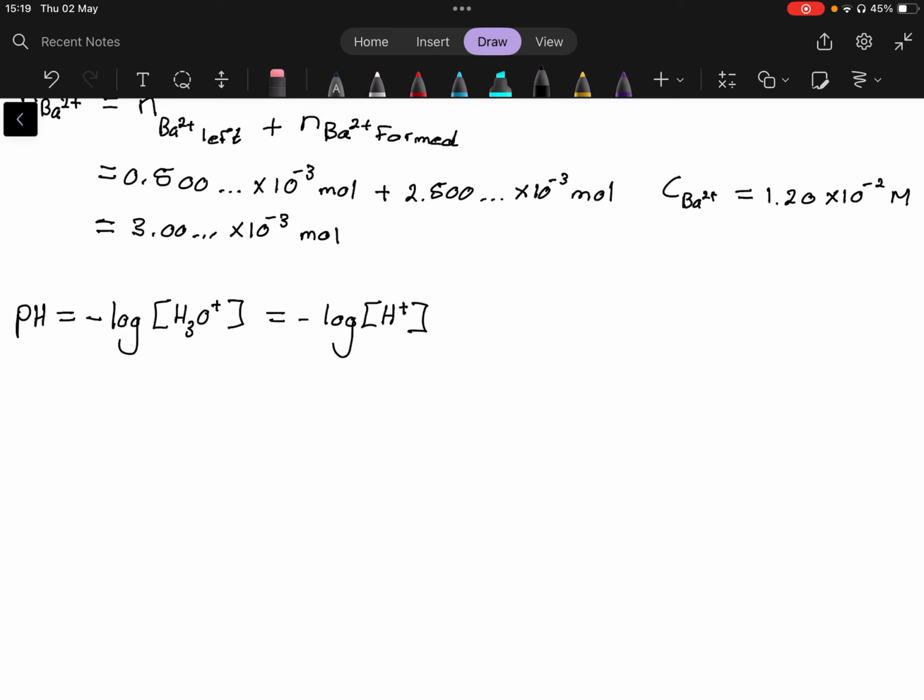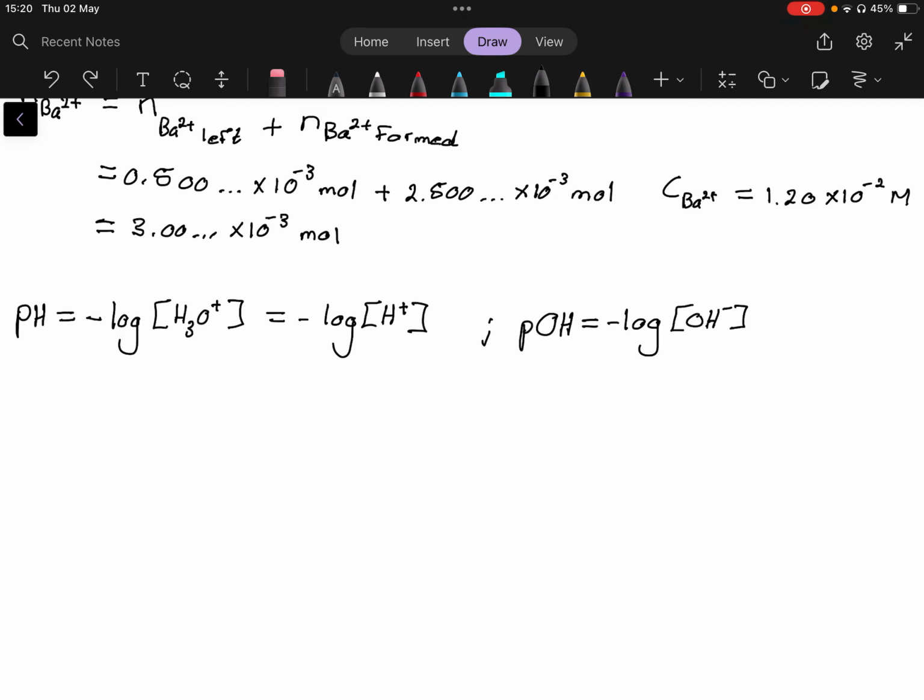Well, it turns out, if you have a pH, then it means you have to have a pOH as well. So there is a similar expression where you can say pOH is equal to minus the log of the concentration of OH minus. You see the similarity, pH and pOH, and you have hydronium and hydroxide.